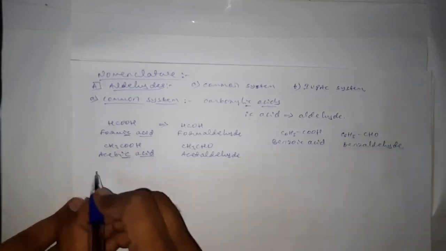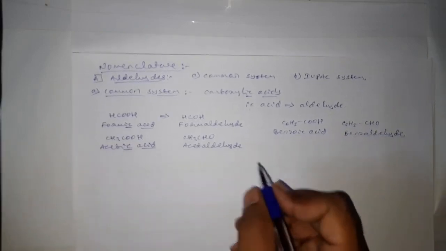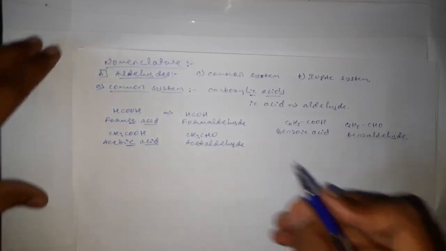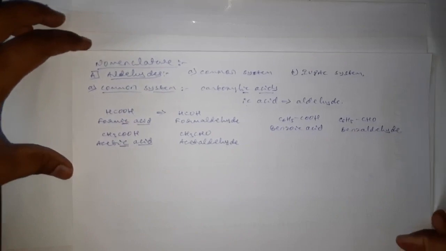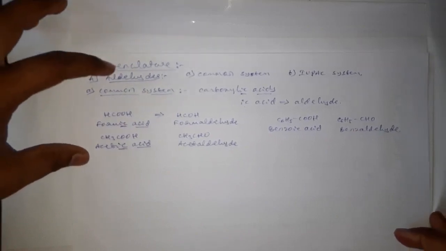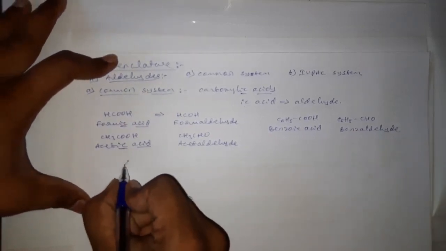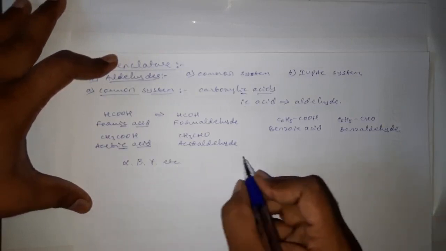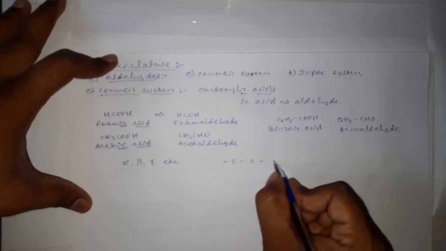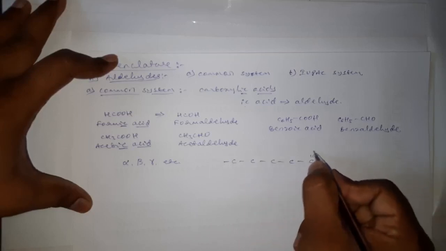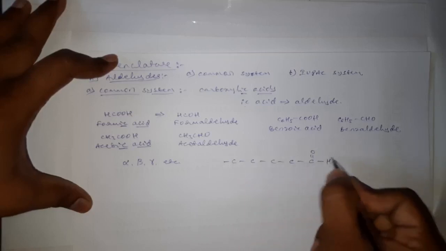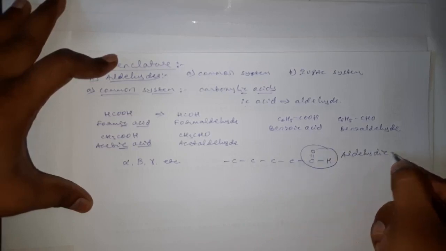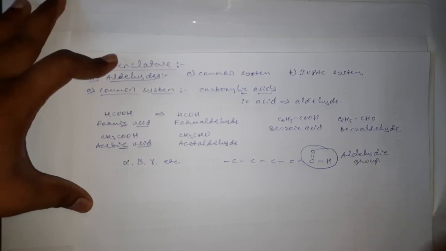Okay, and if substituents are there in an aldehyde, then we have to mention the position of substituents by using Greek letters like alpha, beta, gamma, etc. See, if this is a carbon chain, C double bond O H, then this is our aldehydic group, correct?